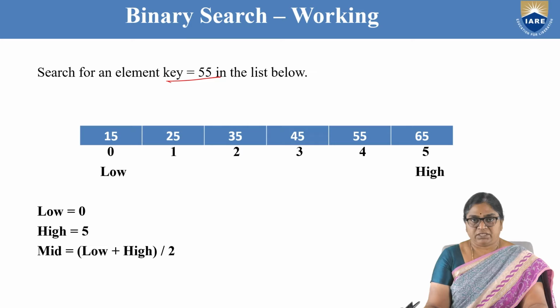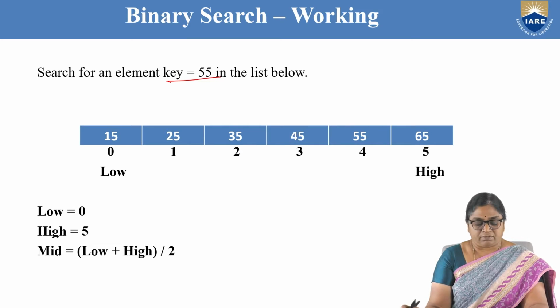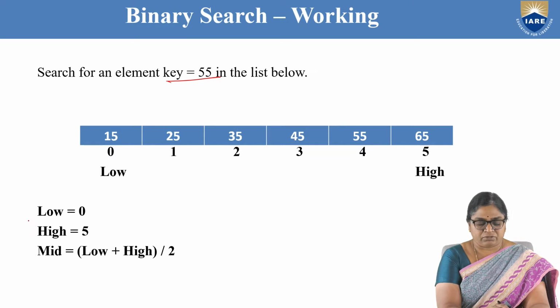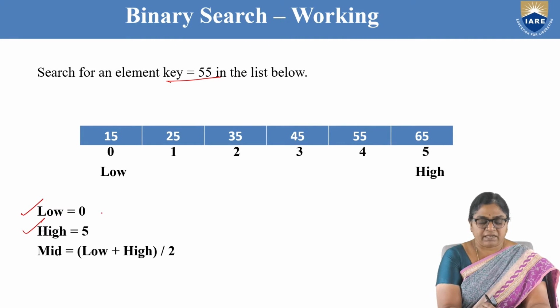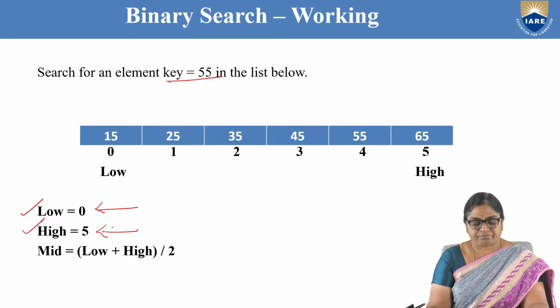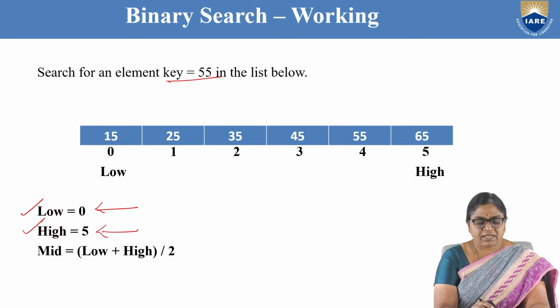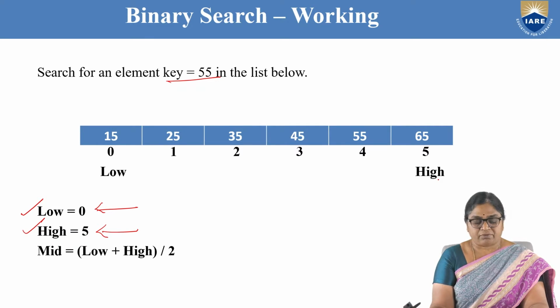But coming to binary search, we are going to consider two data. One is low and the other one is high. Low is nothing but the index of the first element, and high is nothing but the index of the last element. So in our case, low is equivalent to 0 and high is equivalent to 5.